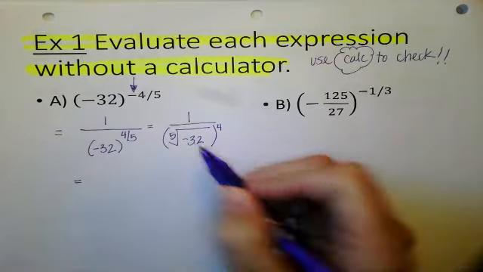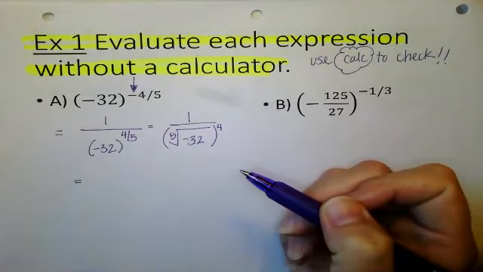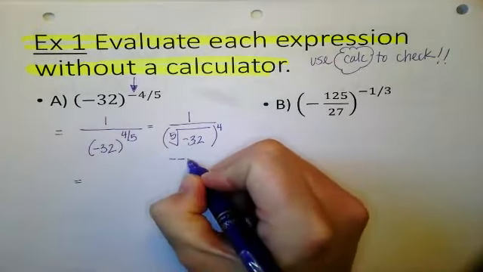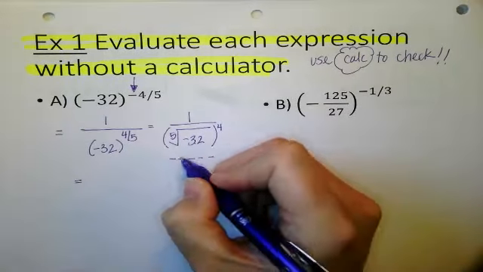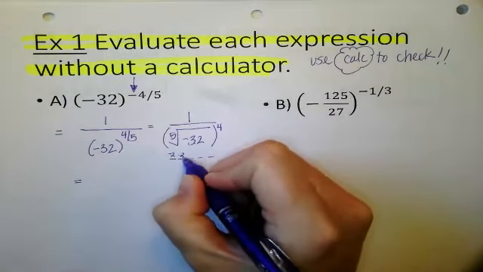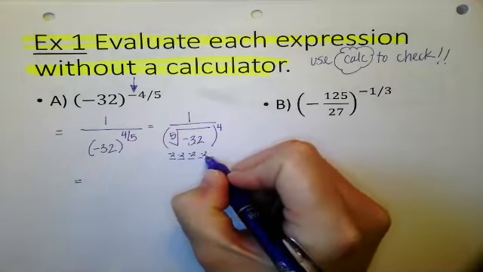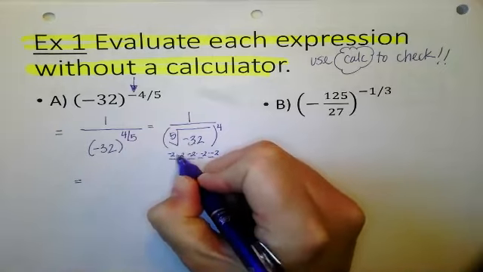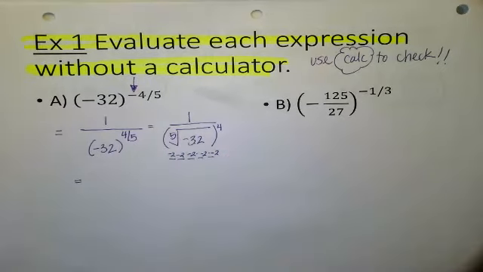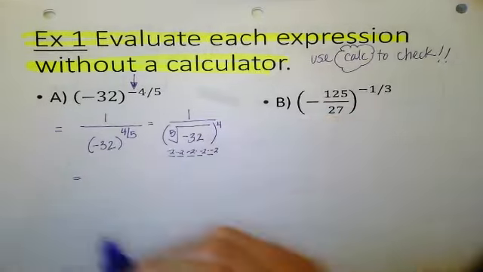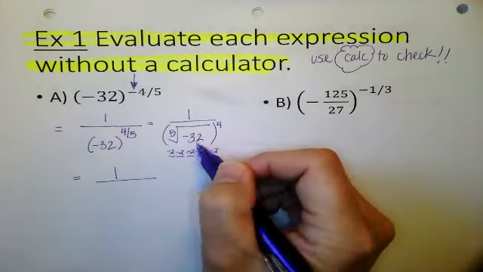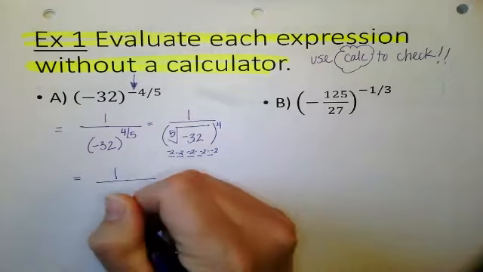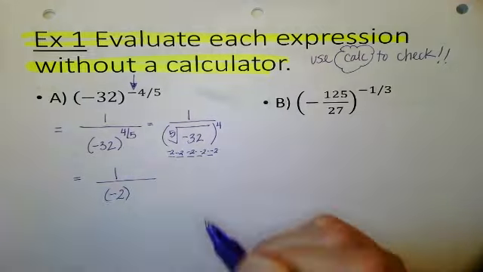The 5th root of negative 32, we want to ask ourselves what times what times what times what times what gives us negative 32? Well, negative 2 times negative 2 times negative 2 times negative 2 times negative 2, 5 times, gives me negative 32. The 5th root of 32 is 2. Hopefully you knew that. The 5th root of negative 32 is negative 2.